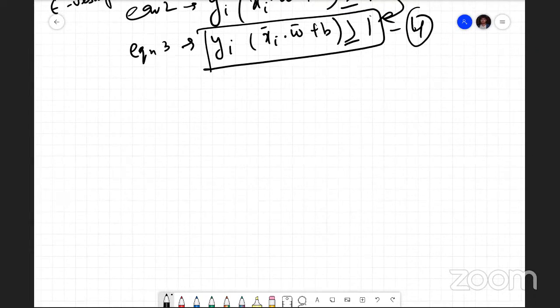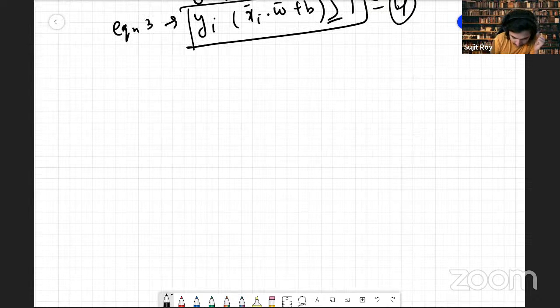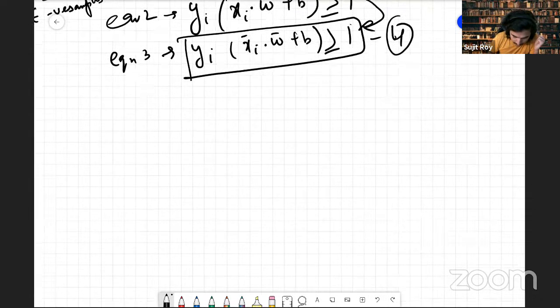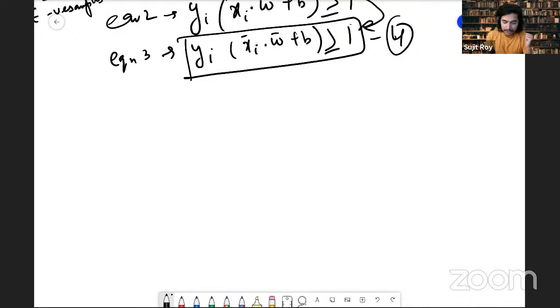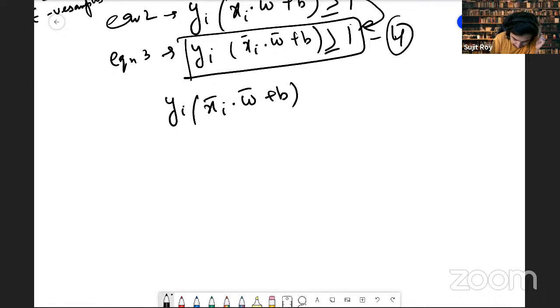So now we have the equation y sub i times x sub i into w plus b is greater than or equal to 1. We bring it to this side, so it becomes y sub i, x vector sub i into w vector plus b minus 1 greater than or equal to 0.